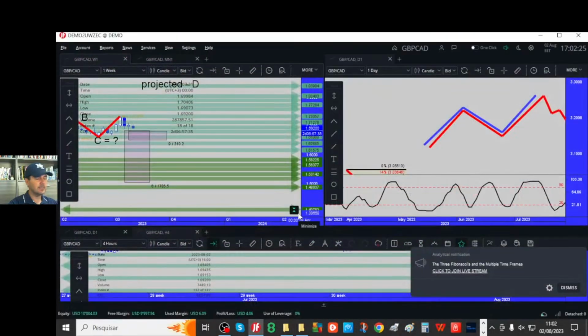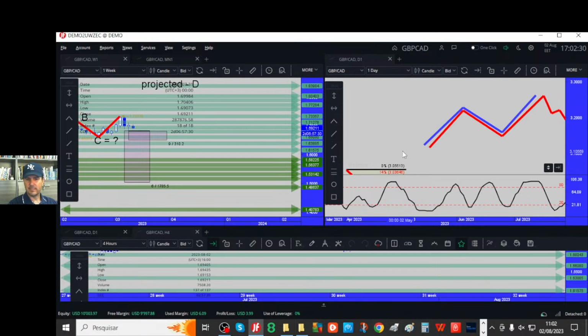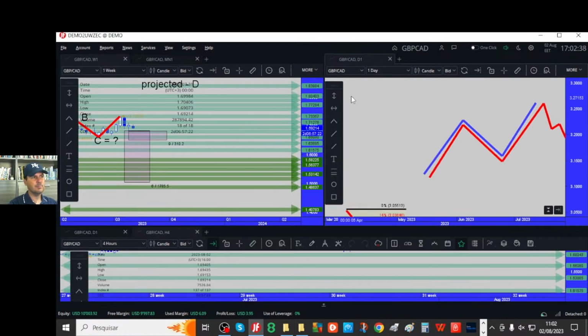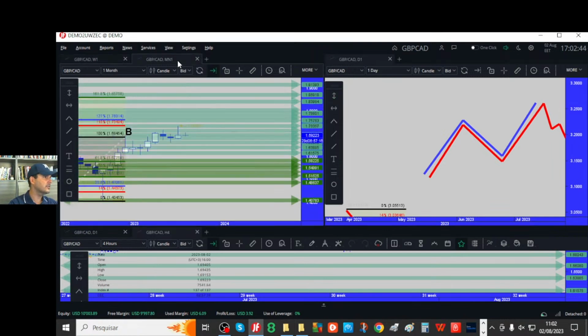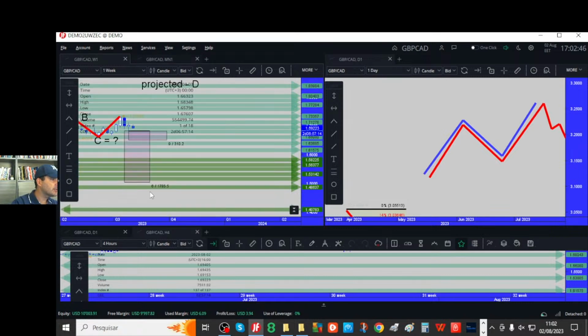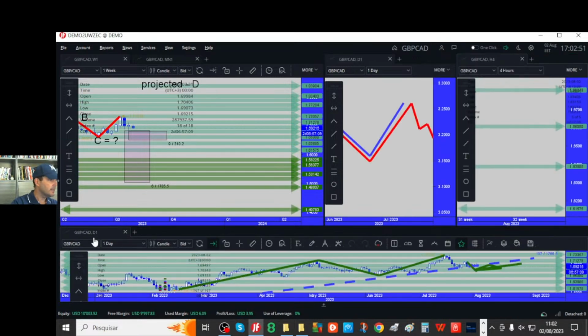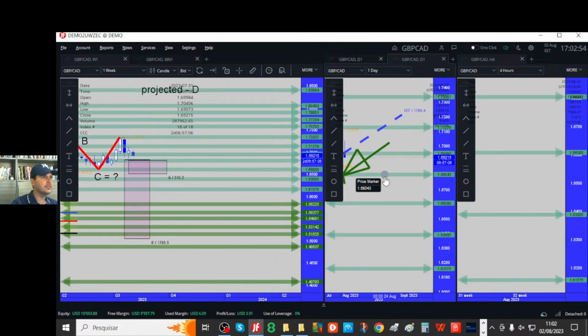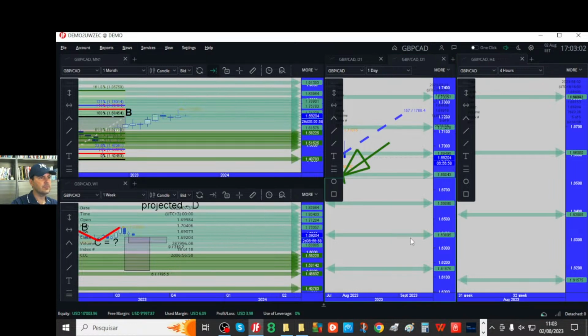Alright, everybody. Type in the chat a currency pair you want to make some money with. Today we have the 3 Fibonacci's and the multiple time frames. Maybe it's not that clear to you. This is the monthly chart, the weekly chart down in here. This is the daily. This is GBP CAD, by the way, GBP CAD daily. 4-hour, monthly and weekly down in here, and the 4-hour down in here.